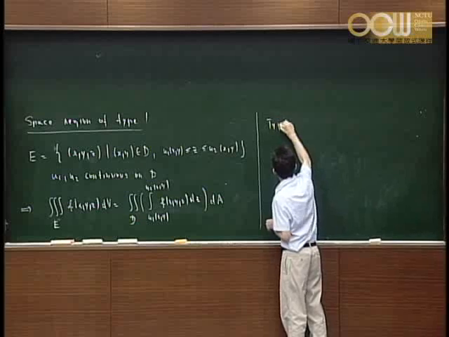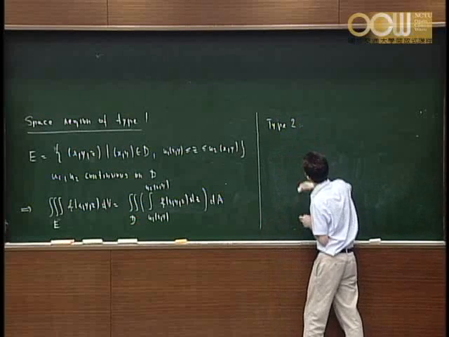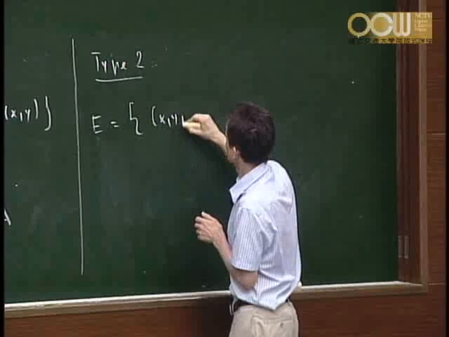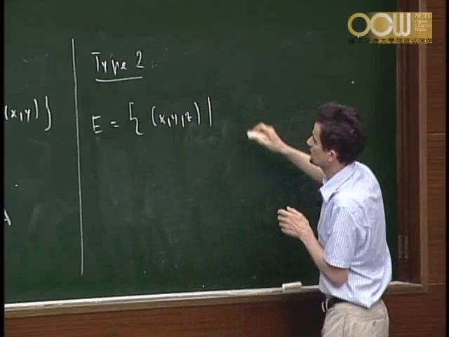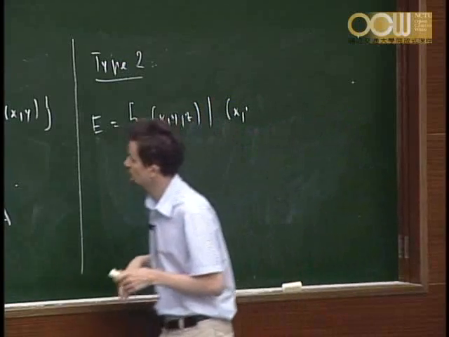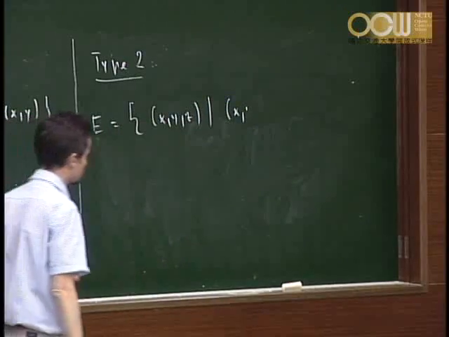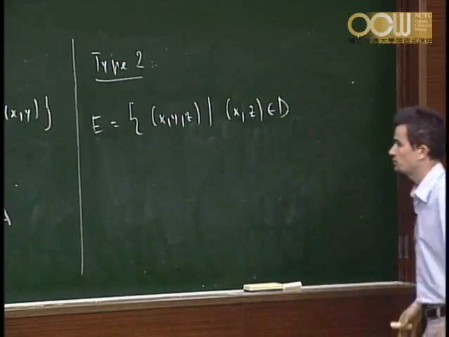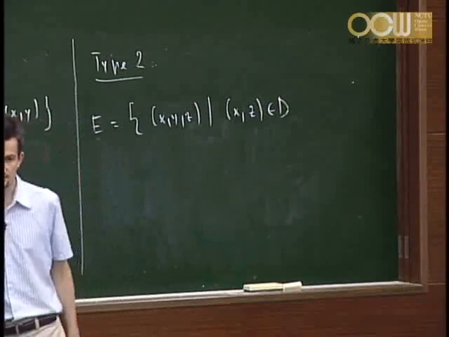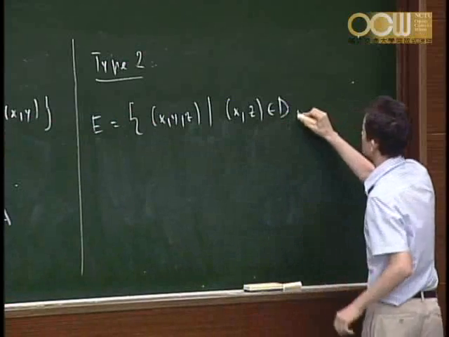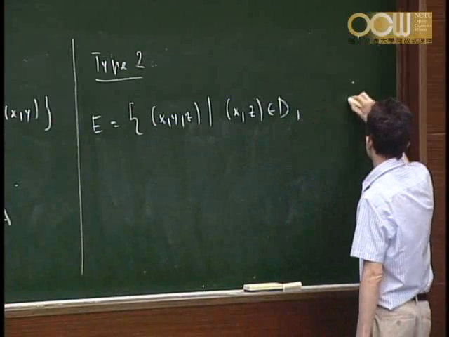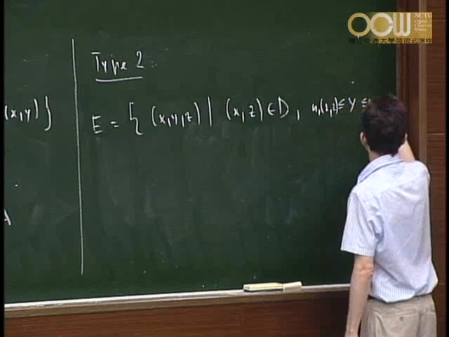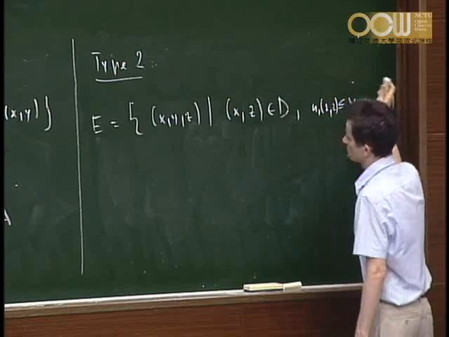So you can easily guess what type 2 is supposed to mean. Here we have z, so type 2 is with respect to y. So now you project your solid onto the xz plane, you get some plane region D, and y must be between u1(x,z) and u2(x,z).